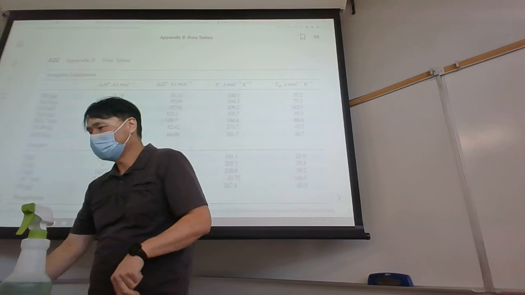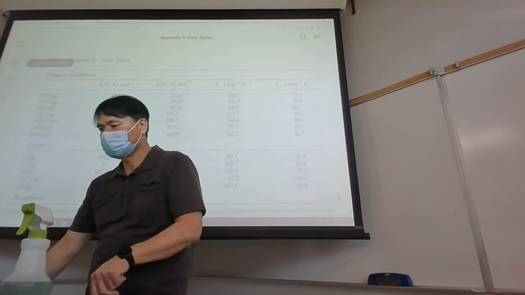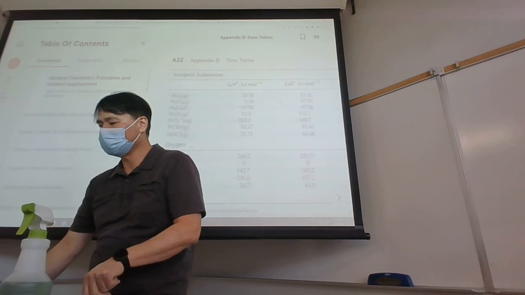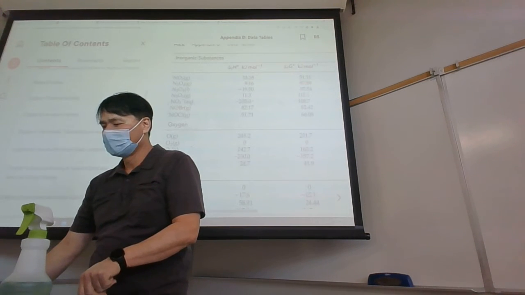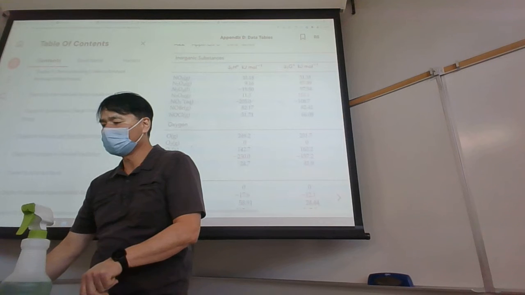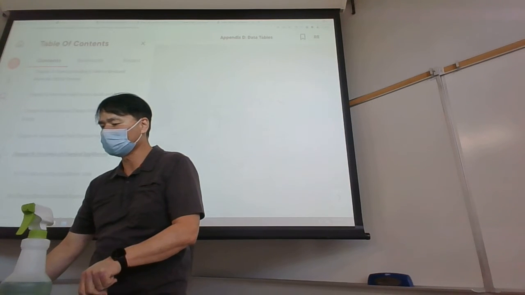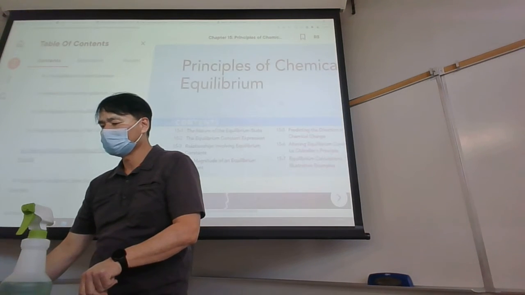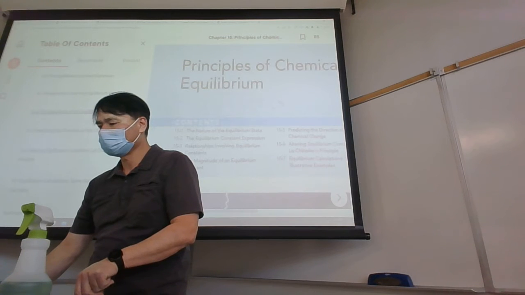All right, so let's go back to this Haber reaction. Now we know it's exothermic. So if it's exothermic, do we want to do it at a higher temperature or lower temperature? At lower temperature.